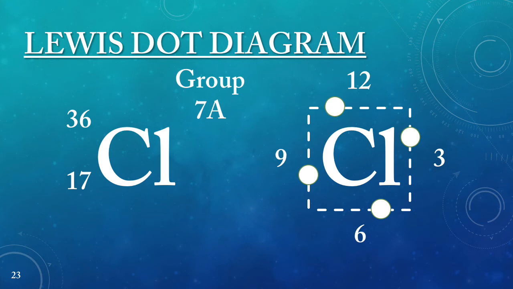Now that's 4. We still have 3 more to go. So we're going to put a second one at 3 o'clock, a second one at 6 o'clock, and then another one at 9 o'clock. Now if we count these up, you'll see that we have 7 valence electrons. And our Lewis dot diagram would then look like this.